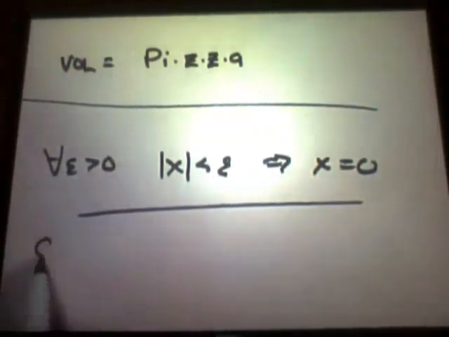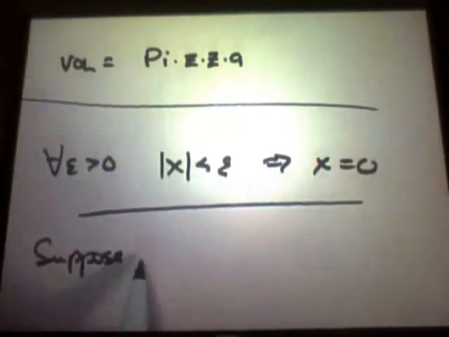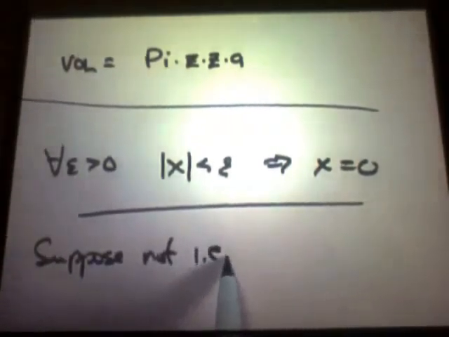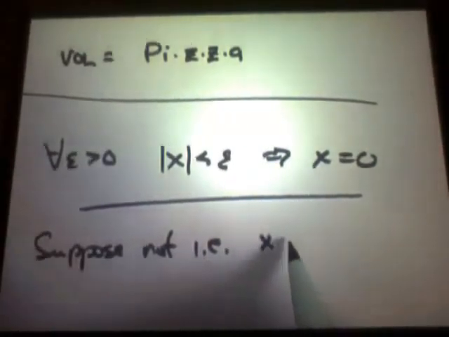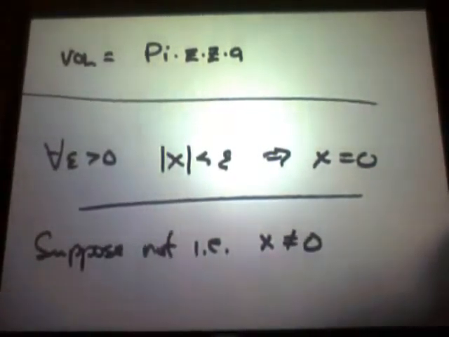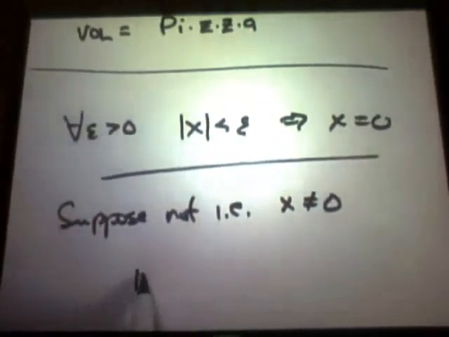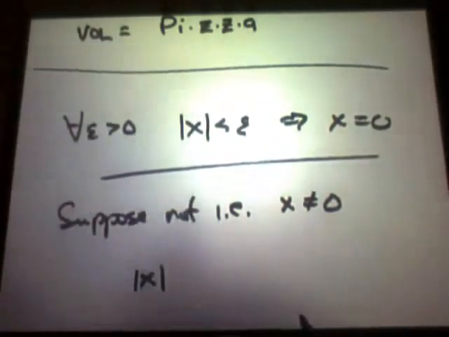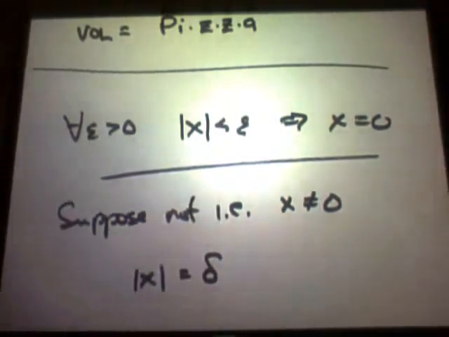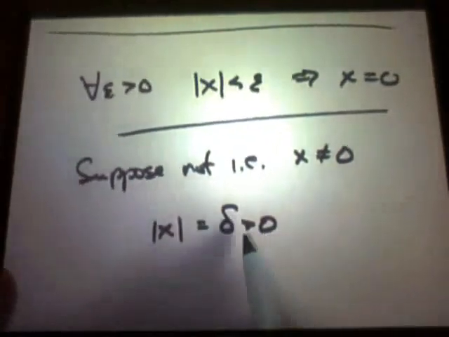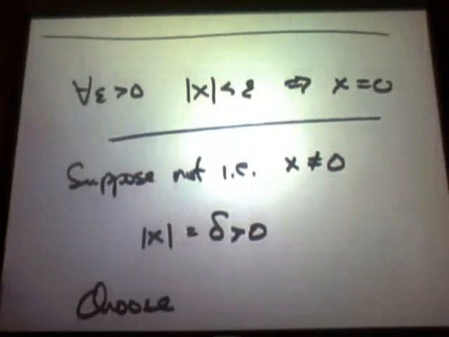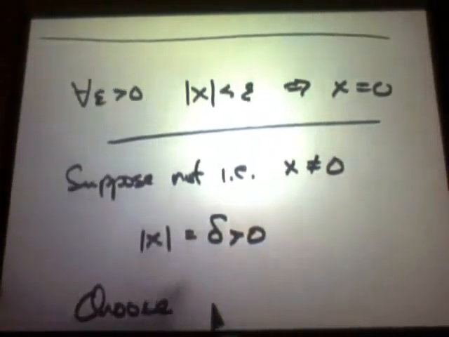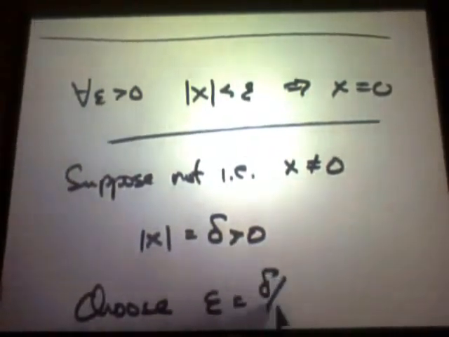Suppose not. Which means x is not equal to 0. Then the absolute value of x is equal, say, to delta, greater than 0. So choose epsilon equals delta over 2.